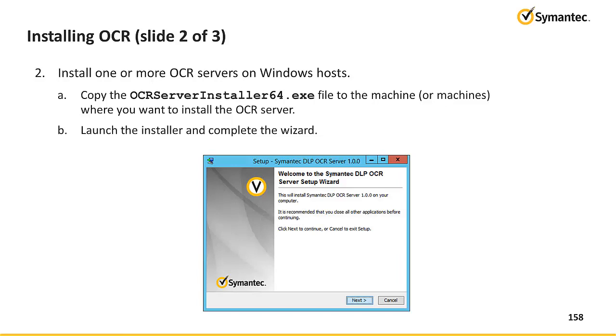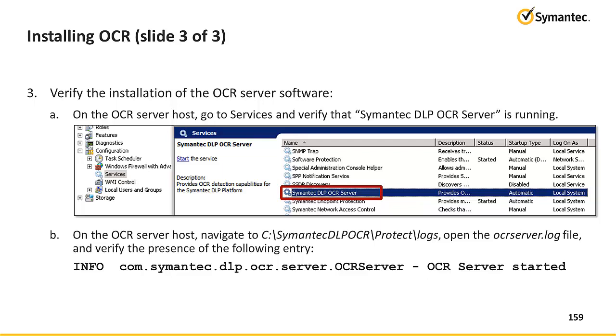Note that if the wizard prompts you to install Java Service Wrapper from Tanuki Software or any other software, allow the installation. Next, verify the installation of the OCR server software. Open the Windows Services Management console and confirm that the service entitled Symantec DLP OCR Server is running. Then, navigate to the OCR Server software installation directory, which by default should be C:\Symantec\DLP\OCR\protect\logs.